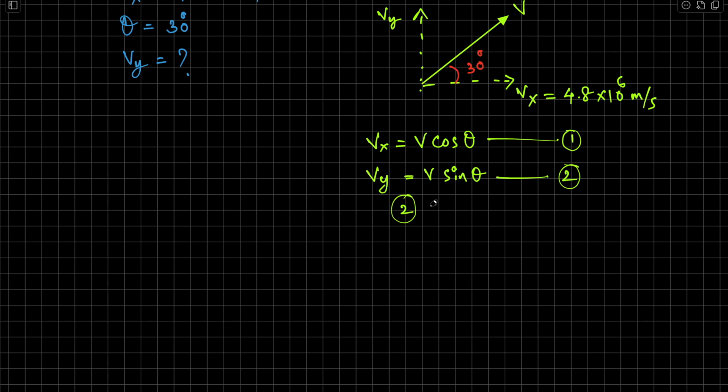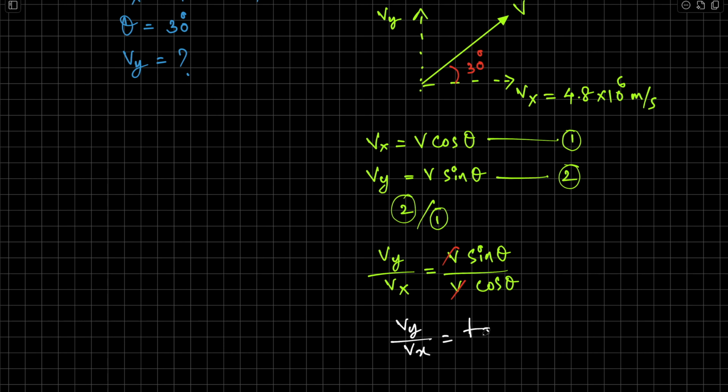Dividing equation number 2 by equation number 1, vy over vx is equal to v sin theta over v cos theta. You can cancel out v. vy over vx is equal to sin theta over cos theta, which is tan theta.